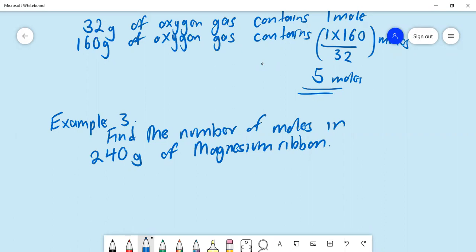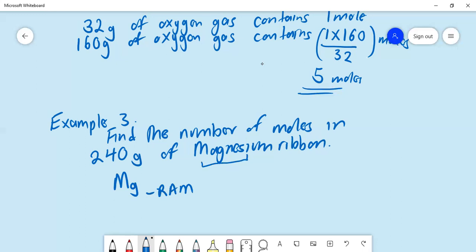Now, magnesium is an atom, isn't it? Yes. With the symbol what? Mg, isn't it? It means it follows now relative atomic mass. It follows relative atomic what? Mass, because it's an atom.